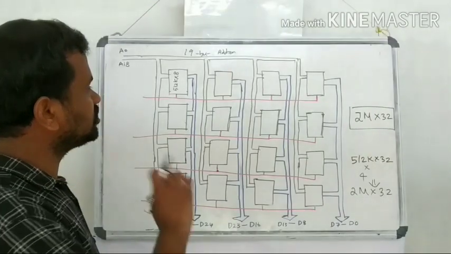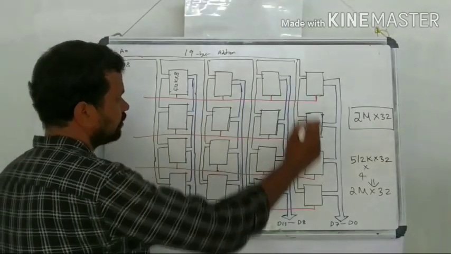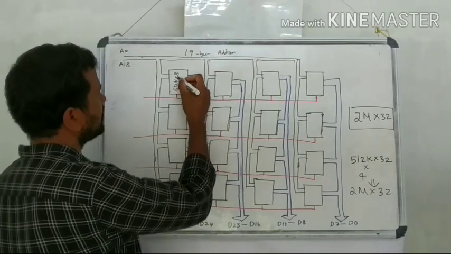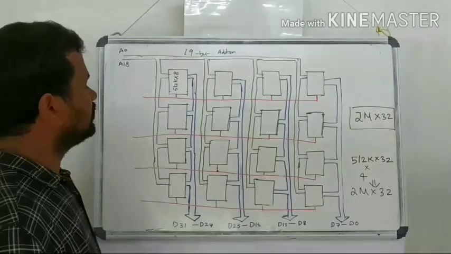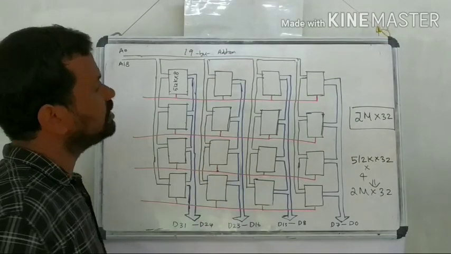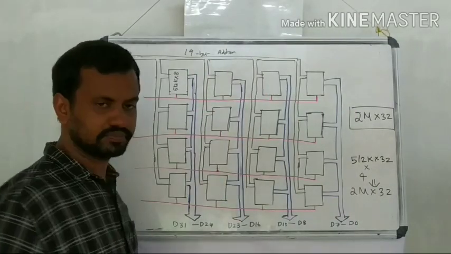So the address will reach the address bus of all the 512K into 8 memory chips. Then the corresponding memory word will be selected, and that will be there in the output bus.